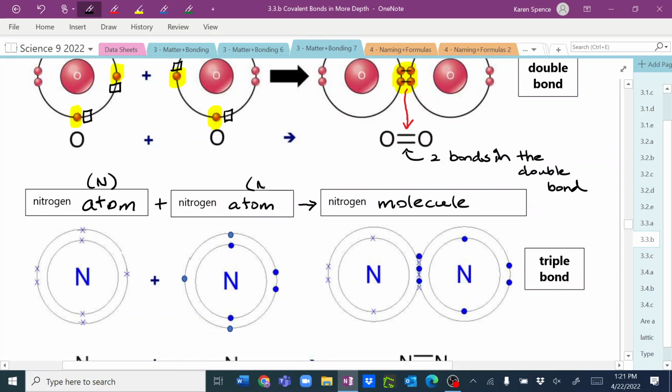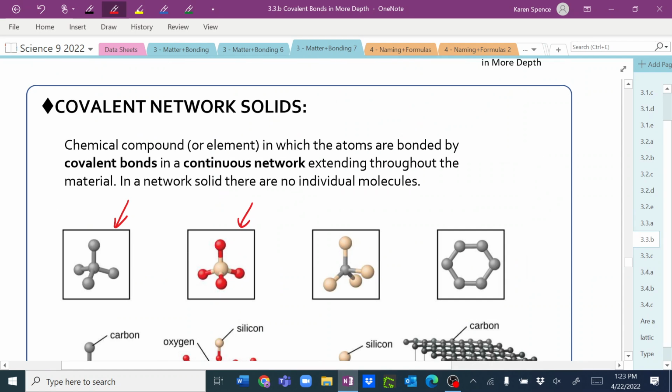Most of the time, covalent bonds result in molecules. This here looks like a molecule, does it not? However, sometimes, not often, you can have covalent bonds extending through an entire network that goes on and on and on, very similar to how an ionic crystal lattice goes on and on.